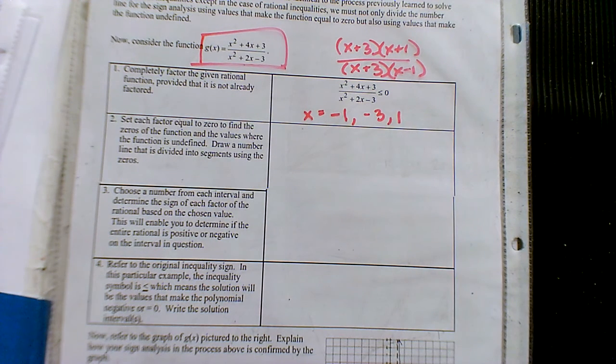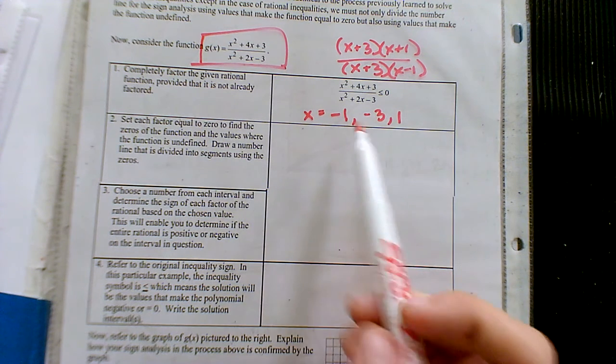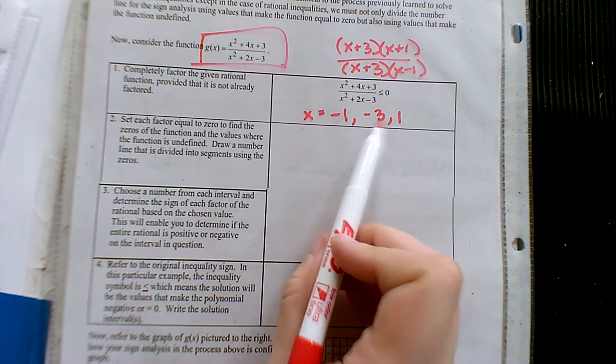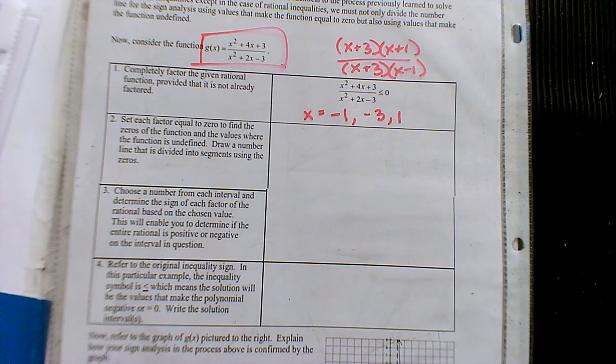We're going to use those numbers to help us break up this number line, because we know these are some special spots where something is happening graphically. -1 was that x-intercept that makes the fraction 0, and then -3 and 1 were those undefined spots where we either have that hole or that asymptote. So we know something special is going on here. We want to see what's happening in between those locations.